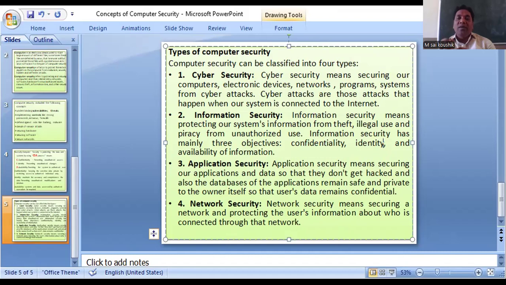Because network is a purely online application, and every online, electronic application sometimes has disturbances. Avoiding those disturbances is done through network security. So these four are the different types and categories of computer security.